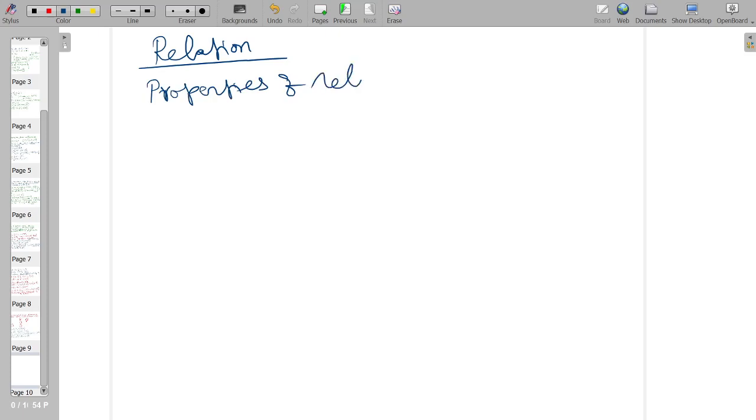What are they? I'll just state some: reflexive, symmetric, some of the properties. Then we classified this into two.